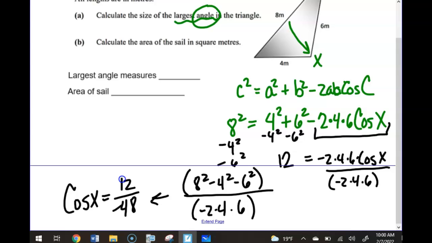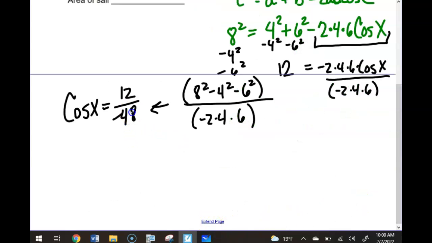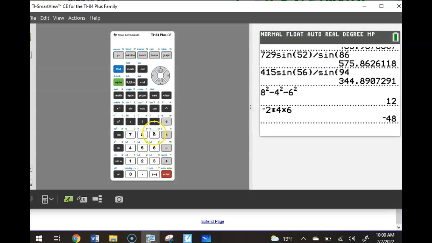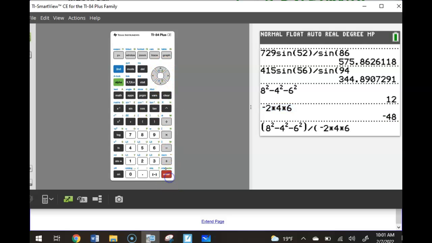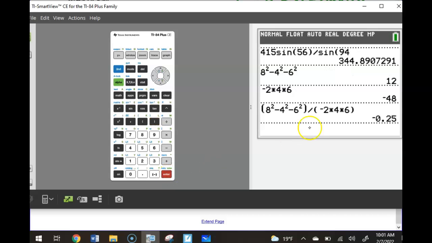So then how do we find x? Okay, if you had typed this all, parenthesis, this, close parenthesis, divided by parenthesis, this. Okay, everybody good that 12 divided by 48 is a fourth, so we've got 0.25 and it's negative.